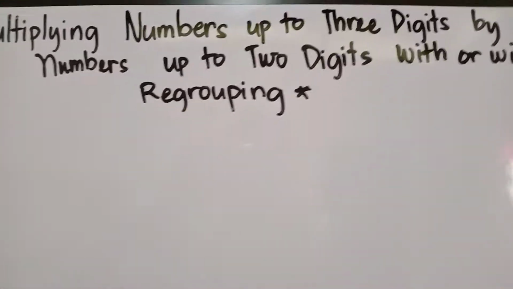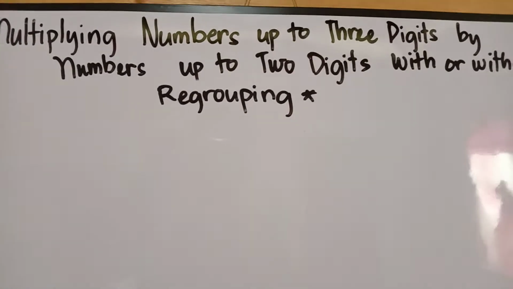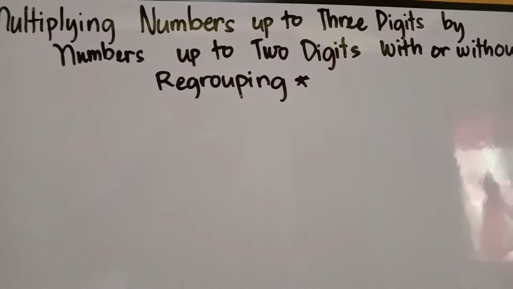Okay, so which is multiplying numbers up to 3 digits by numbers up to 2 digits with or without regrouping. Okay, so I have here an example. Number 1.